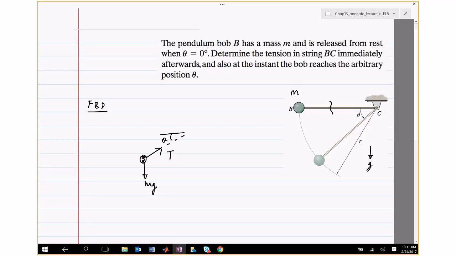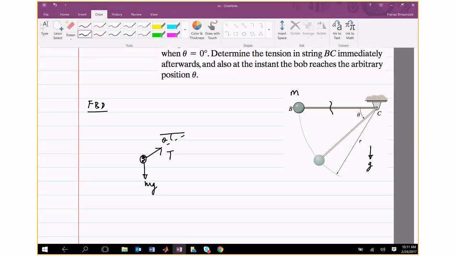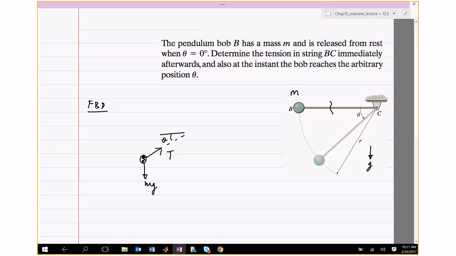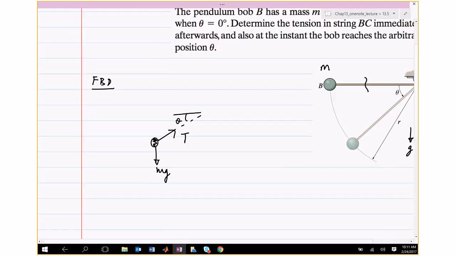And since we recognize that this is a normal-tangential coordinate problem, I have to draw the unit vectors in the normal and tangential direction. So un always points towards the center of the circle, and ut is in the direction in which the bob would move. Okay, so that's about the free body diagram.